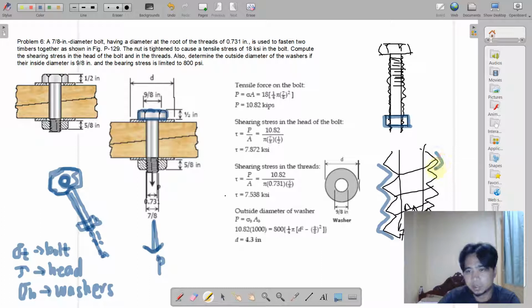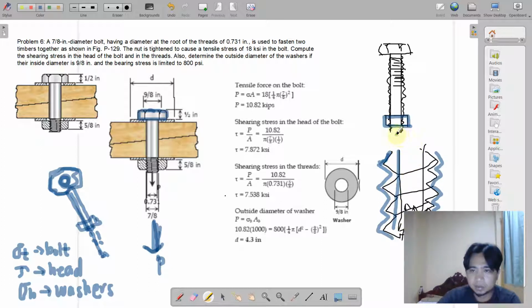So this is a magnified illustration wherein there is a contact. So if the force exceeded, causing too much stress on the thread or the tooth of the thread, this will be cut.